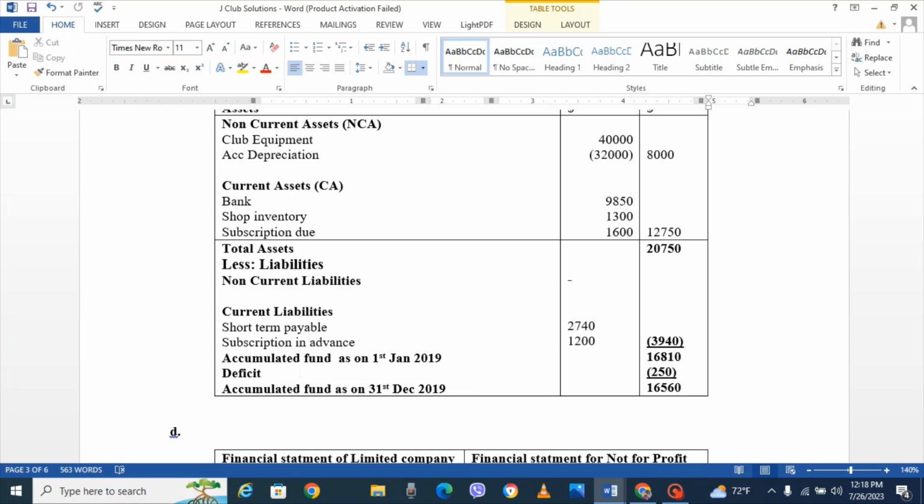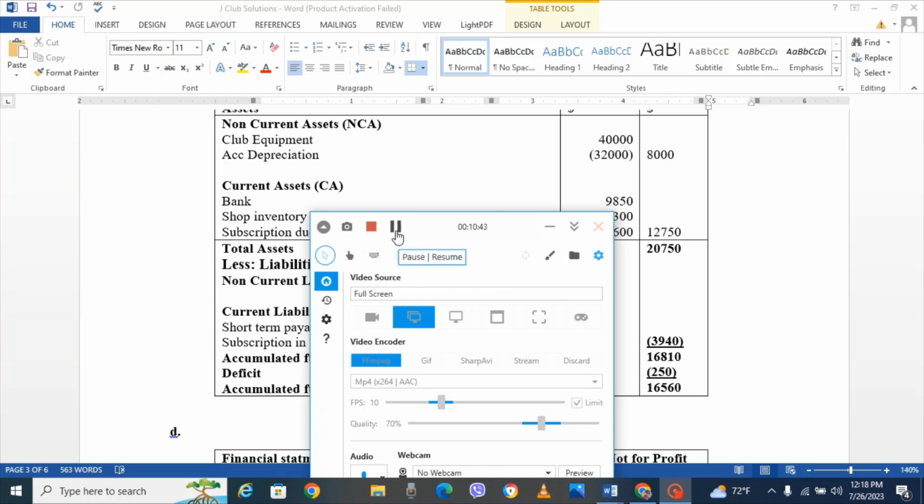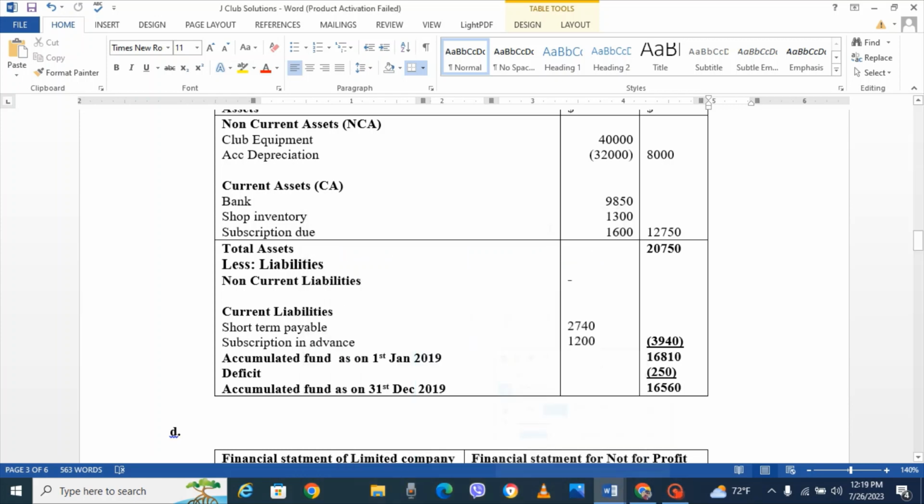So that gives you ultimately the accumulated fund of $16,560. So now this is the accumulated fund. You got 16,560. That is actually what the question has asked you to show.